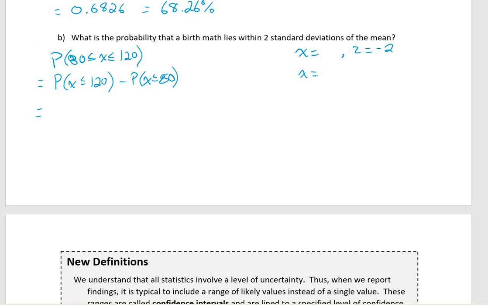When x is 80, z is equal to -2, and when x is 120, well, z will be equal to 2.